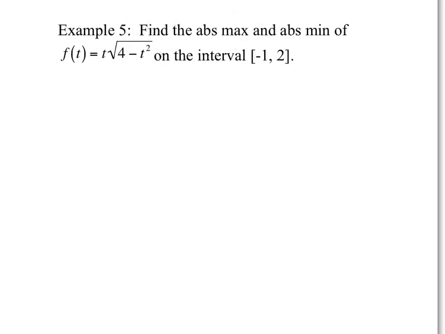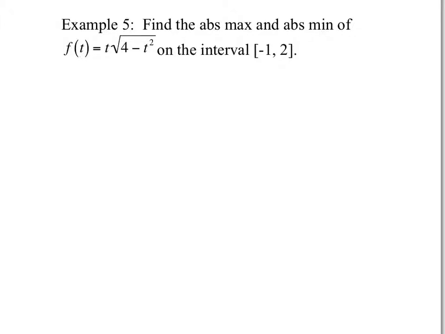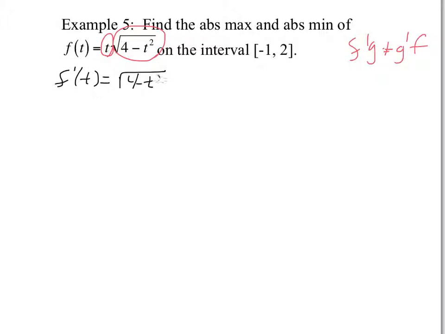All right, so looking at this one, for f prime, I notice that we have 2 different functions being multiplied together. So I'm going to use the product rule, and just a reminder, that's f prime times g plus g prime times f. All right, so f prime would be 1 times g, which is 4 minus t squared, plus f times g prime.